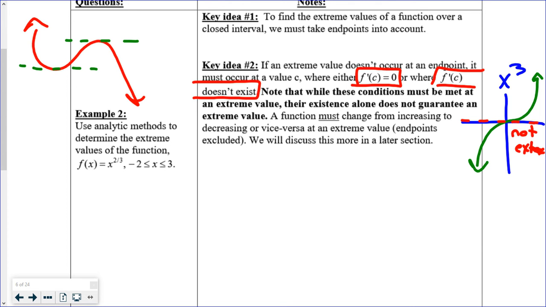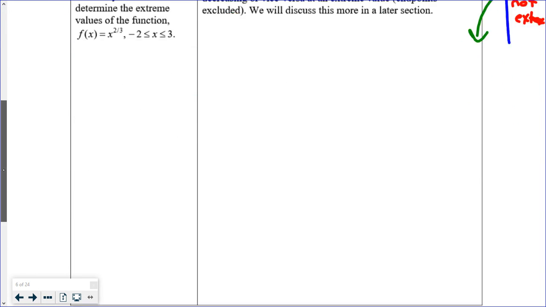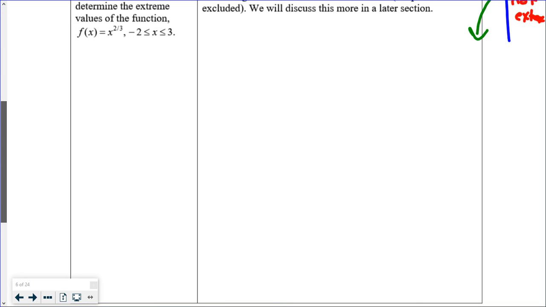So I'll show you how we analyze a function for that. So we got a weird function for this one. It's the cube root of x squared, which, let's get a visual for that. Let's sketch that real quick.